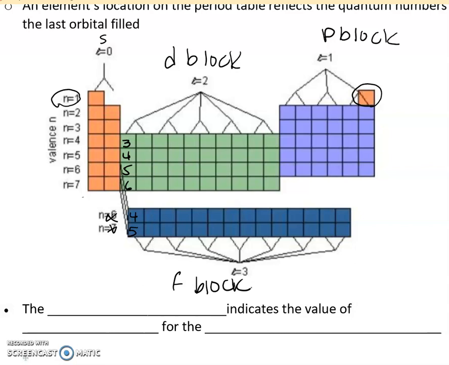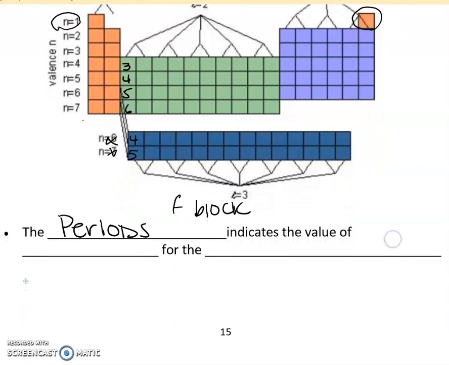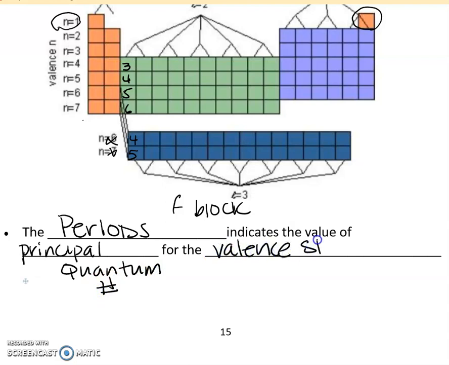So the periods are the ones that go across. The periods indicate the value of our principal quantum number for the valence shell. So we're going to use that for our valence shell.